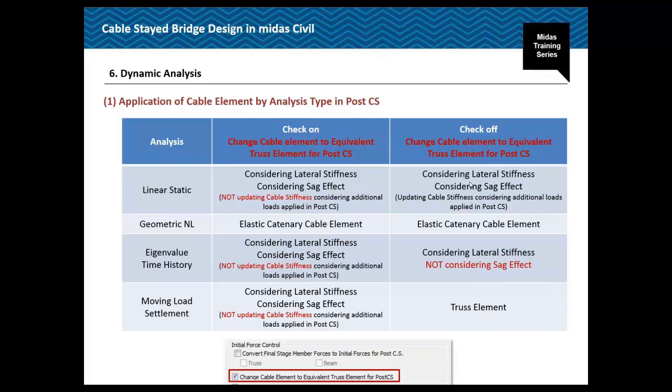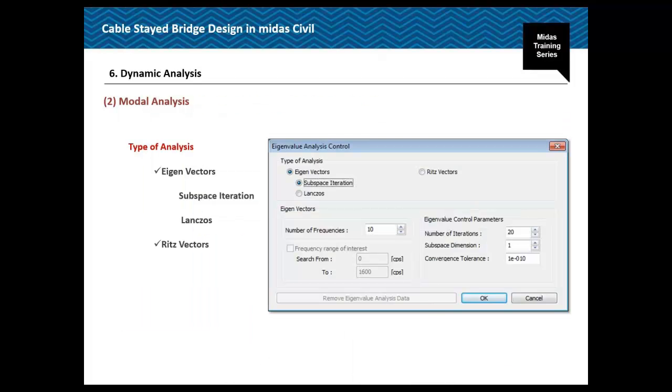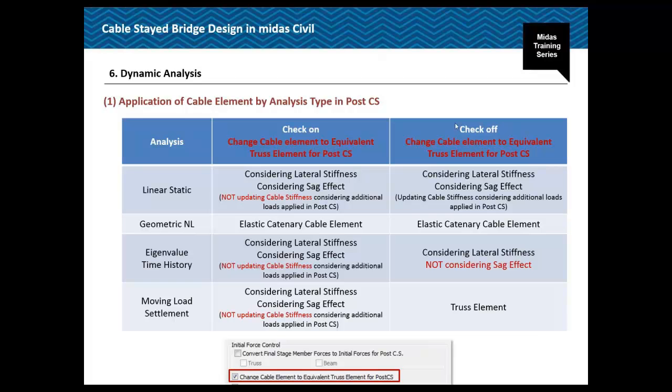So we have checked how MIDAS will consider the different types of elements by different types of analysis, and in which case we can consider the linear load combination. So we can now consider the eigenvalue analysis, and one is applying this option, the other is not applying it.